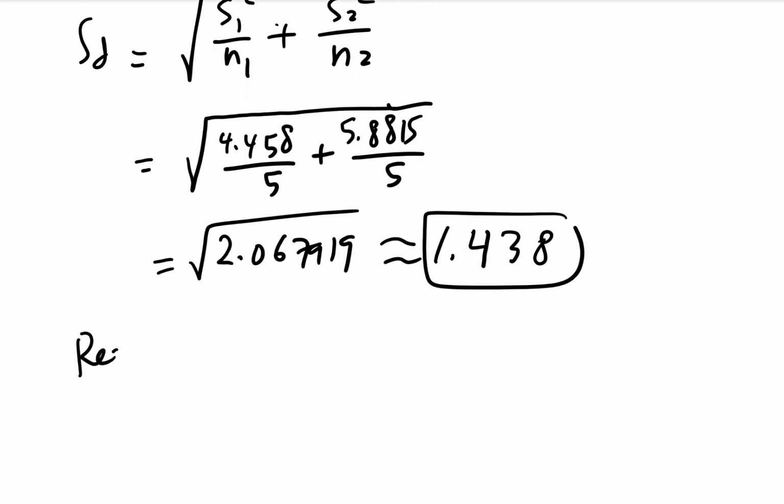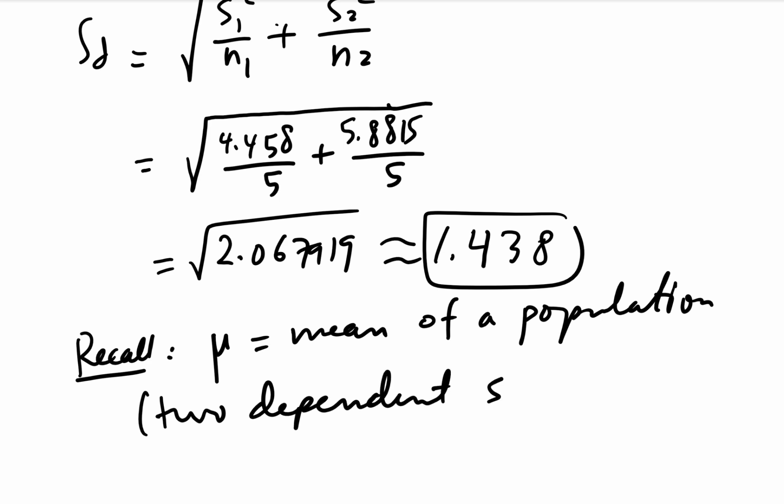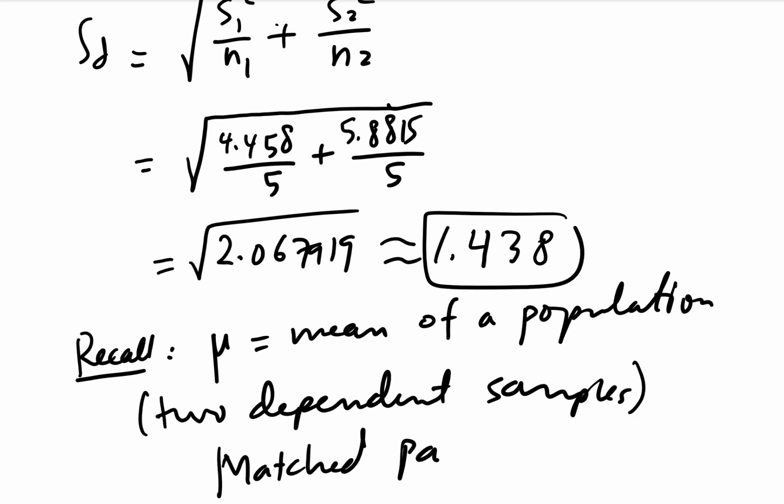We're still in the same problem, but recall this mu means the mean of a population. This mu is the simple mean. And in this chapter, we learn about two dependent samples, which some people call matched pairs.